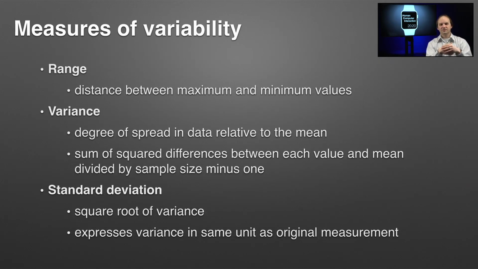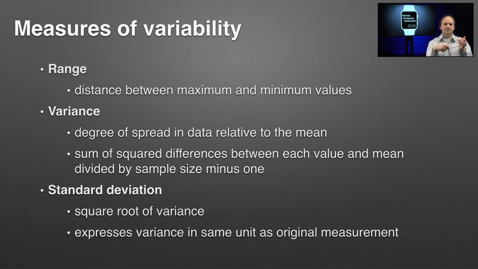To go with our measures of central tendency, we also have measures of variability within a data set. So the range is just the difference between the minimum and maximum values that you could possibly have. And the variance is the degree of spread in the data as it relates to the mean value.